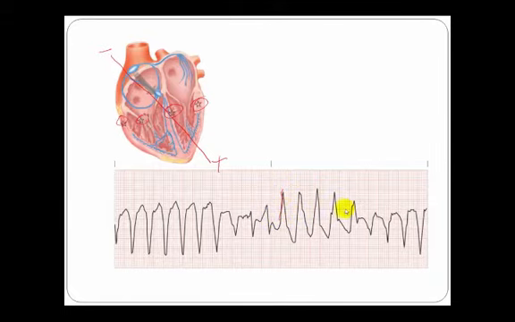As it goes away from it, the amplitude decreases. The closer the point of origin gets to the direction of the negative electrode, you'll get negative deflection. When it gets closer to the positive electrode, positive deflection. And we get this wave-like fashion.